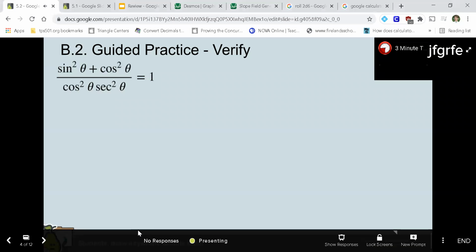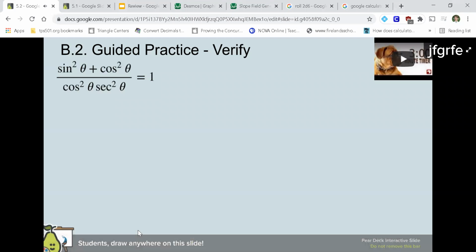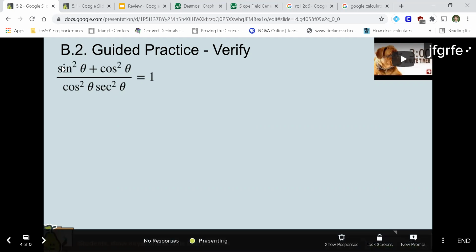All right, who's got an idea of what I could do first? Well, we have a trig function squared, right? Let's do a Pythagorean identity. What Pythagorean identity has sine squared in it?